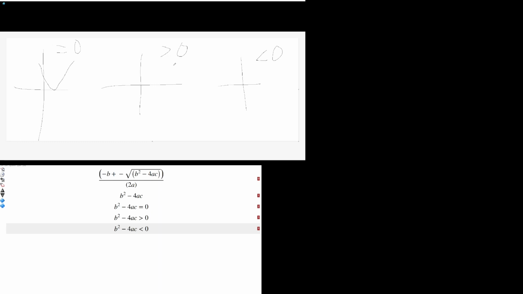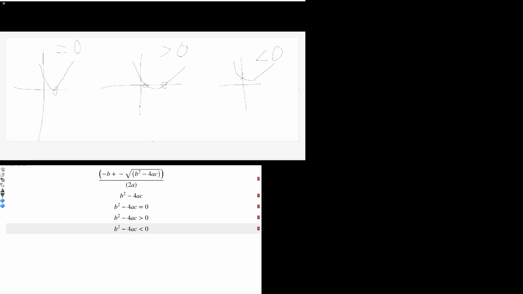Here it's greater than 0, so it has 2 roots, which means it has 2 points where it crosses over there and there. When it's less than 0, it doesn't touch the x-axis, because remember, a root is just the intercept of the x-axis.